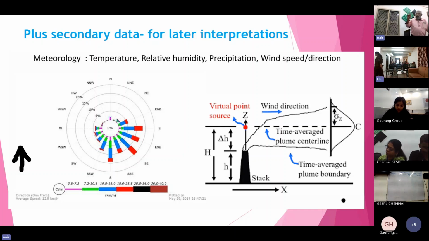Second thing, try to say what the plume behavior shall be in that area if the industry comes, at whatever times, and try to say what impacts will be caused on the atmosphere by that plume behavior. That also you try to say. Then your air quality report will become very excellent.